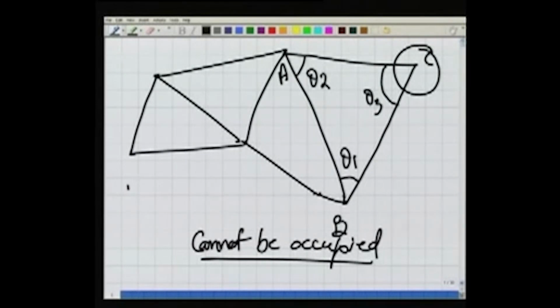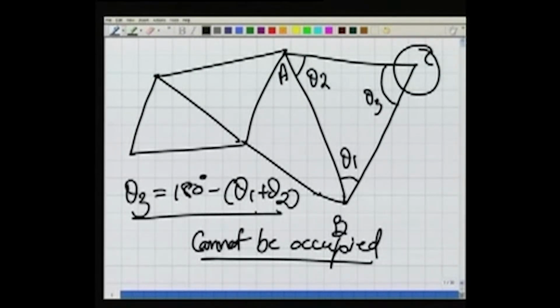How will you get theta 3? You will find it by 180 minus (theta 1 plus theta 2). But should we go like this? We have been saying all through that no, this is not the right way of getting theta 3, because in that case, if there is some error in measurement of theta 1 or theta 2, large errors can go unnoticed. We cannot determine that. We should have a way out so that that kind of errors can be located.